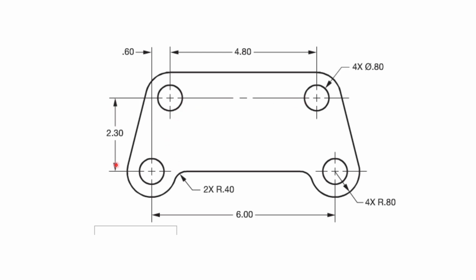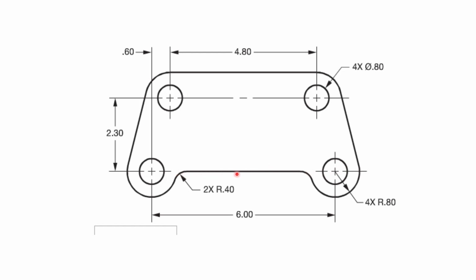And this dimension here is telling you that these two circles and this horizontal line is 2.3 inches separated from this circle. And by implication here, this center mark here and this center mark here are taken as being on the same level, as well as this line here.